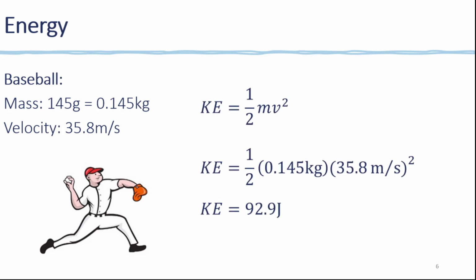So we plug all that into our kinetic energy equation, and we find out that the kinetic energy of the baseball is 92.9 joules. So determining the kinetic energy of an object is easier than determining the work that's done by a force because we can measure mass and velocity more easily than we can measure the force that's acting on an object.